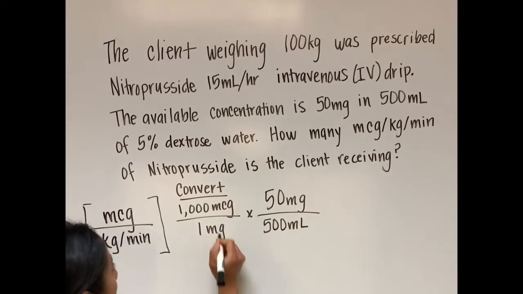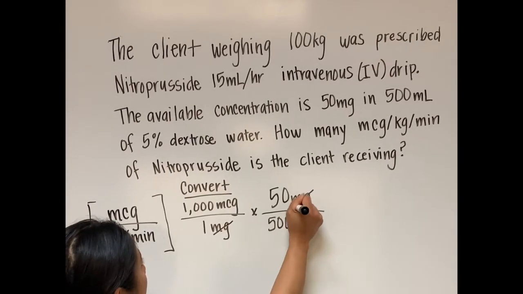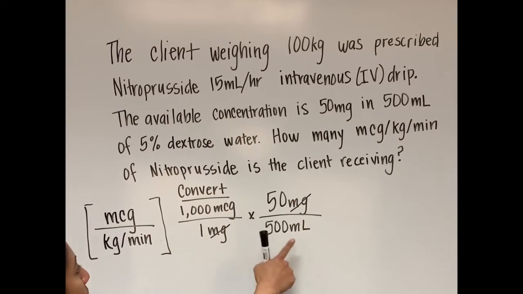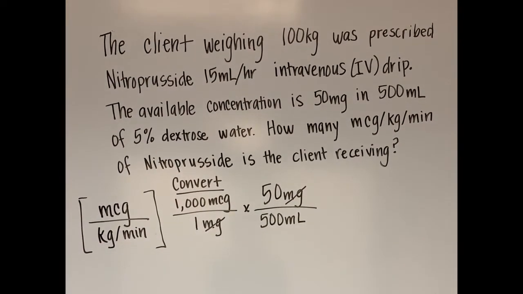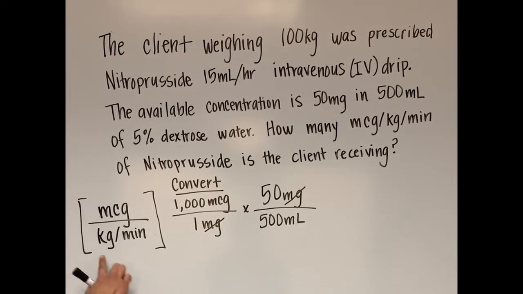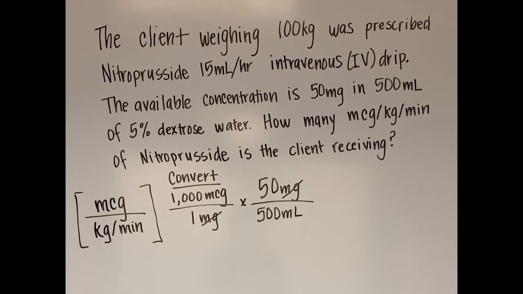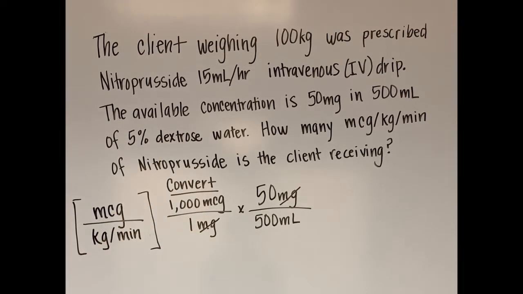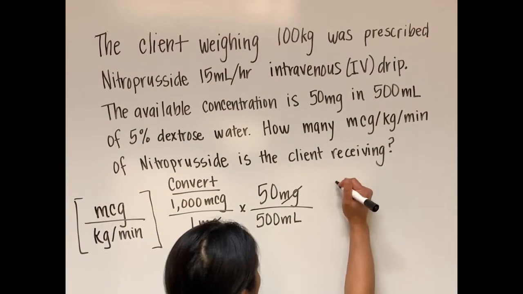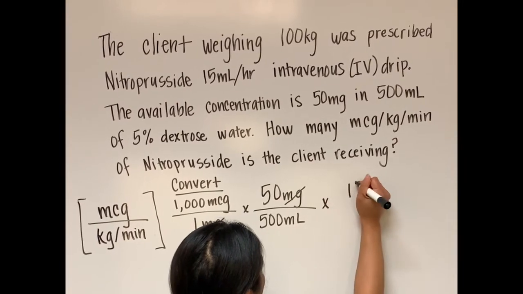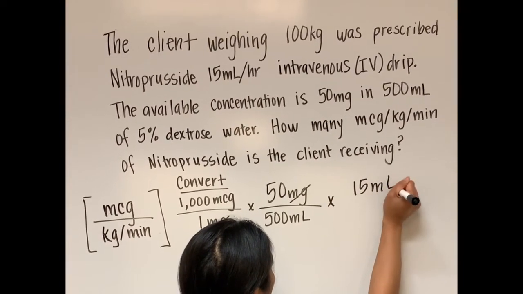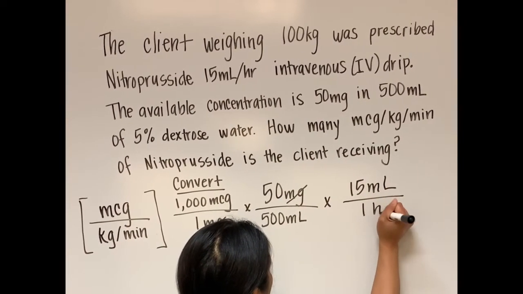So now we can cross cancel the milligrams, but now we have micrograms over milliliters. So we need to get rid of the milliliters here because these two do not match. So where do we have milliliters? 15 mLs per hour. So we can do 15 mLs over 1 hour.